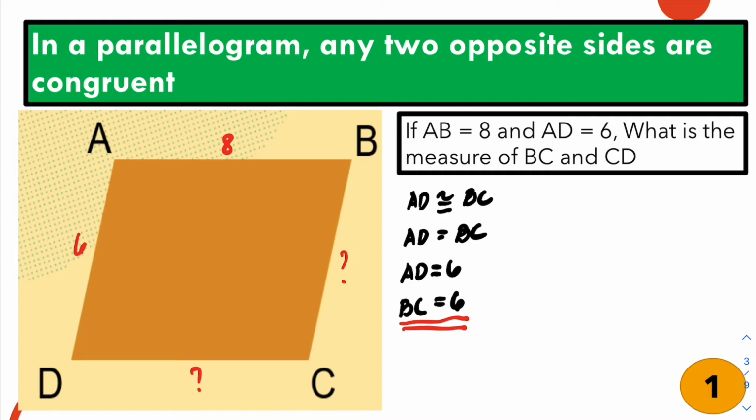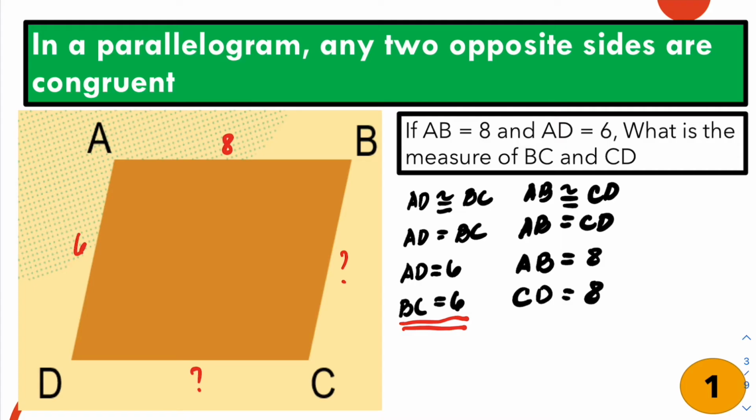Since AB and DC are opposite to each other, therefore, AB is congruent to CD. Again, if we say congruent, they have equal in measurement. Therefore, AB is equal to CD. Since the measure of AB is equal to 8, therefore, CD is also 8.